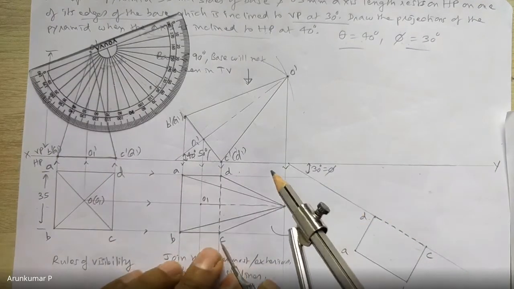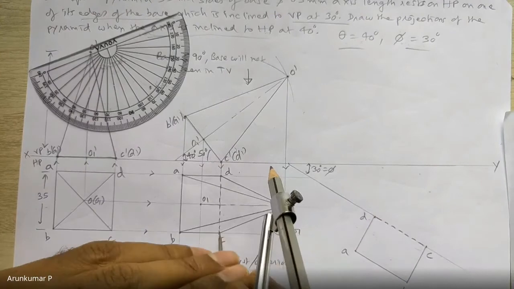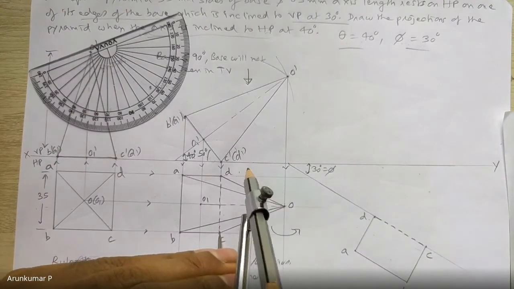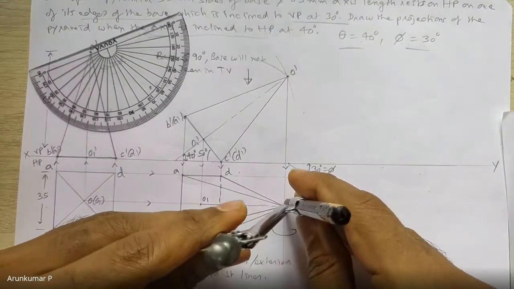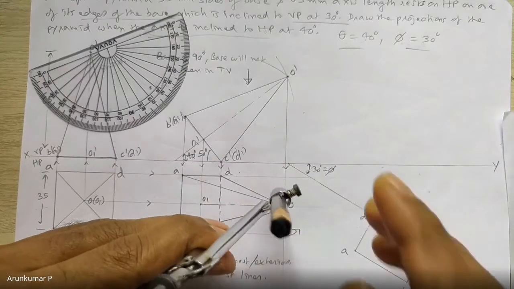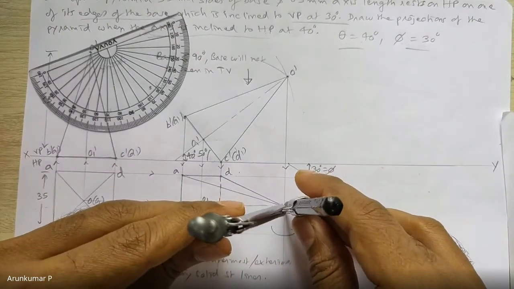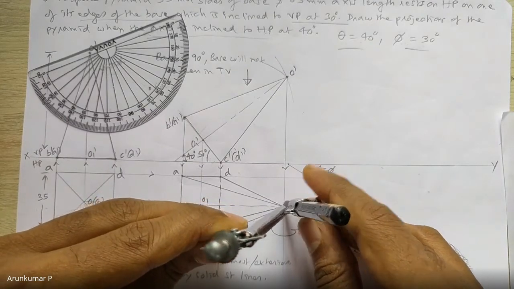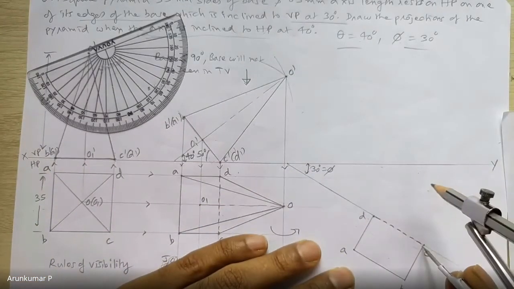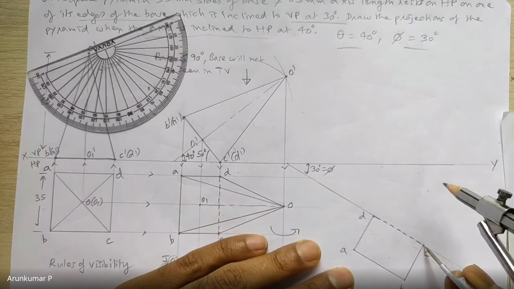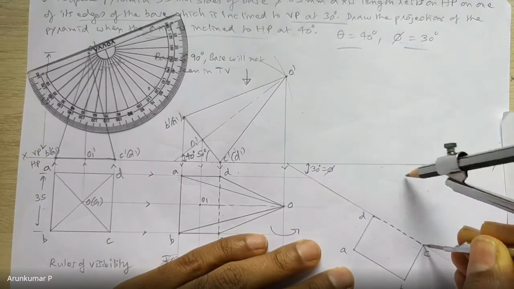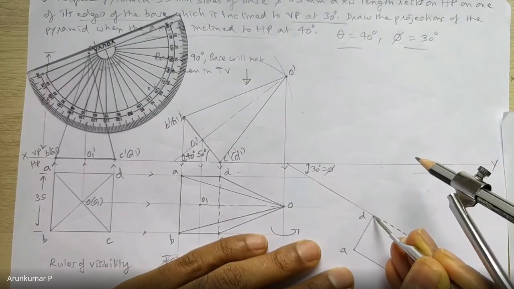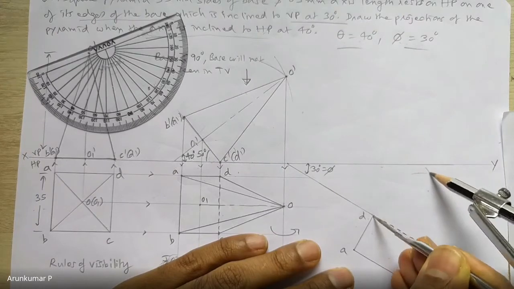Take a rounder, measure the distance from C to O, and D to O also, because both the lengths will be same.